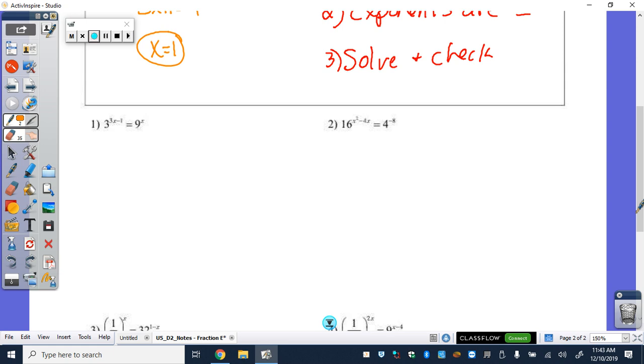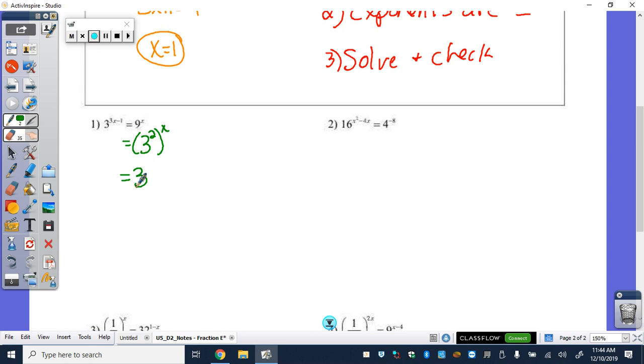So looking at my next example down there, I got 3 to the 3x minus 1 equals 9 to the x. I got to get a common base, so how can I rewrite 9? 3 to the second. Now what happens here, 9 does turn into 3 to the second, but it's still got that other exponent on there of x. That was on the 9, so when I rewrite it, it's still there.